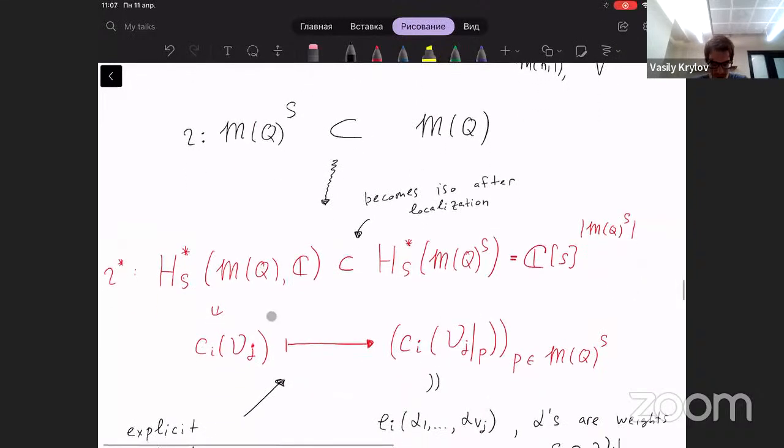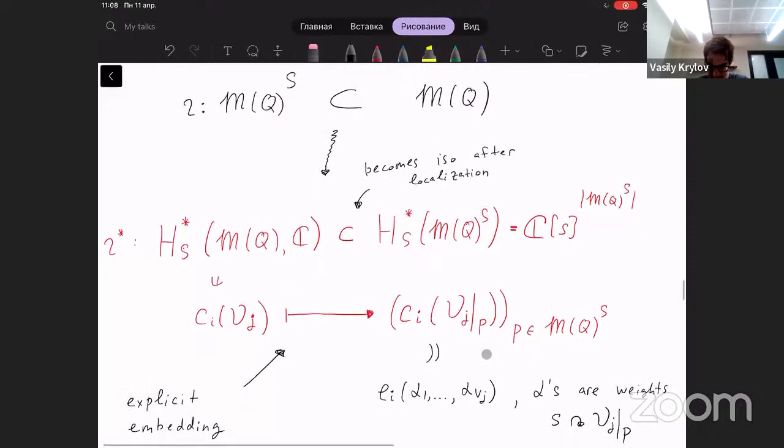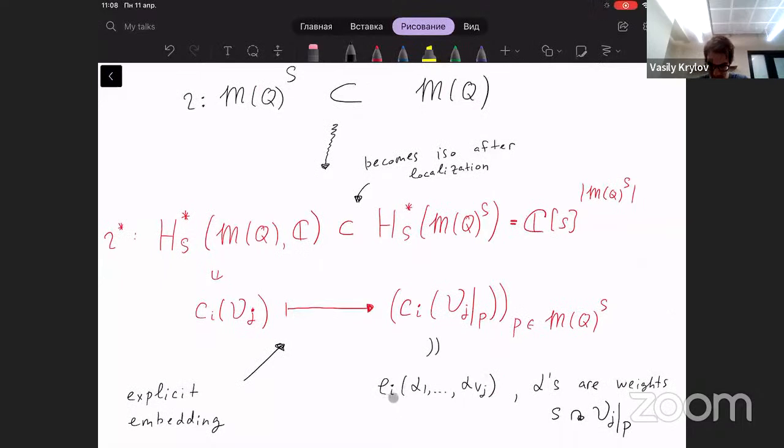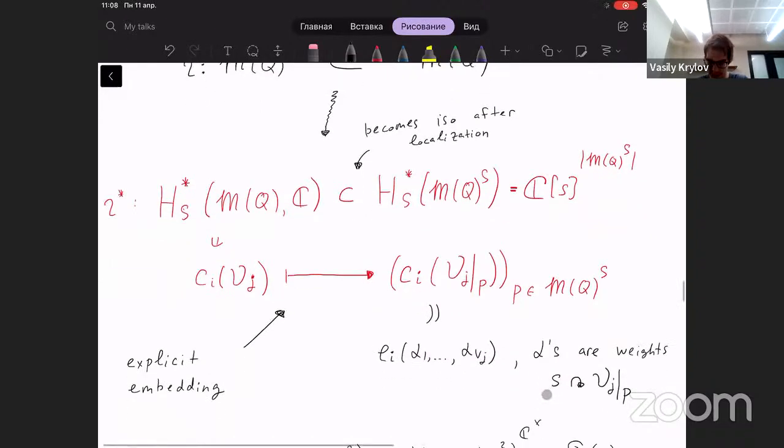Even more, we have this embedding, and we know where our generators map. Our generators just map to the Chern characters of the restrictions of our tautological bundles to fixed points, which are just symmetric polynomials in alpha_1, ..., alpha_v, where the alphas are the weights of the action of S on the fibers at fixed points.